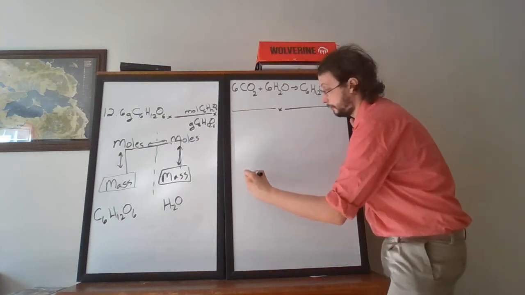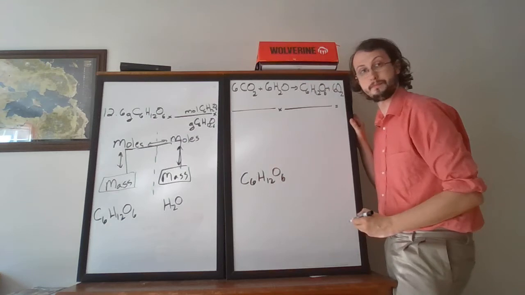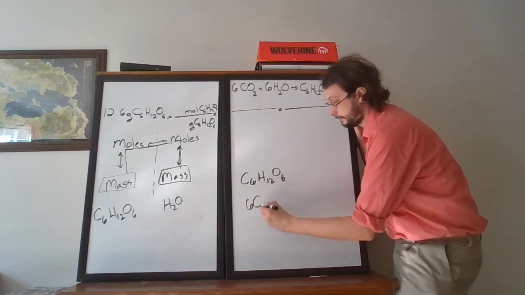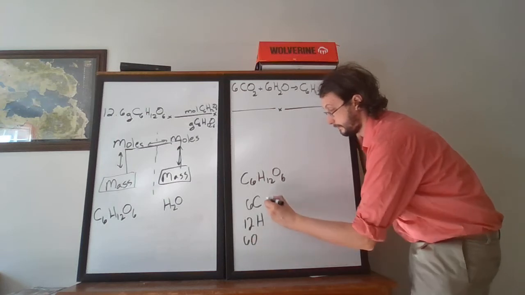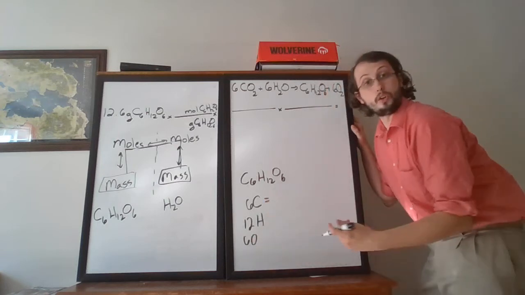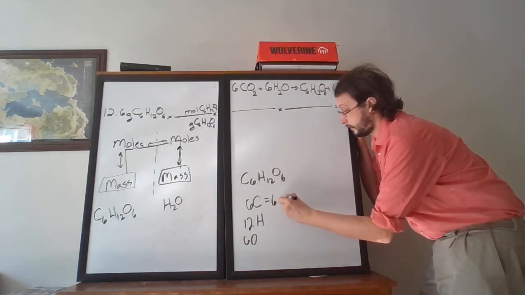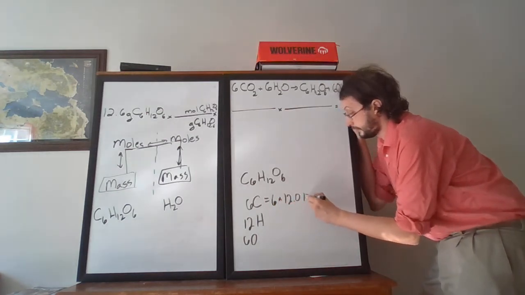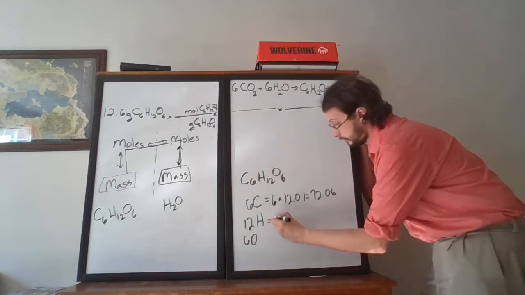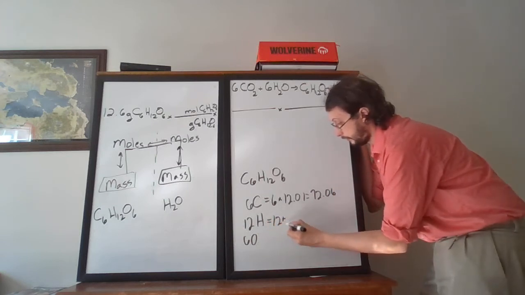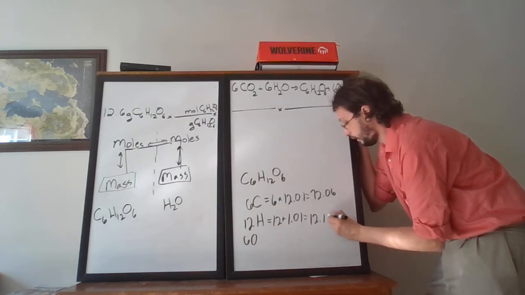So as a reminder, the molar mass, we've got C6H12O6. That's 6 carbons, 12 hydrogens, and 6 oxygens. You have to look up each of these molar masses on the periodic table. So 6 times 12.01 is 72.06. 12 times, you look up the number for hydrogen, 1.01, is 12.12.